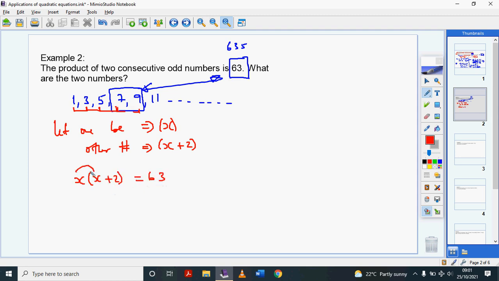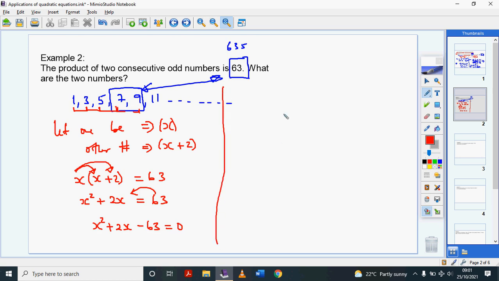So I'm going to distribute this out, and then I'll have x squared plus 2x is equal to 63. And I'll bring the 63 over this way such that I have it equal to 0, because remember, I cannot solve it when it's not equal to 0. Okay, so I'm going to put it in my puzzle. This is x squared and this is negative 63, and it has to be equal to 2x.